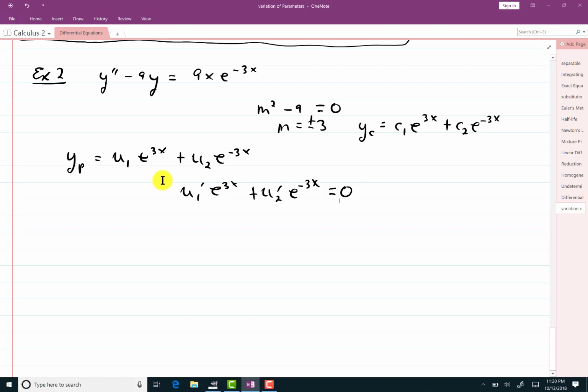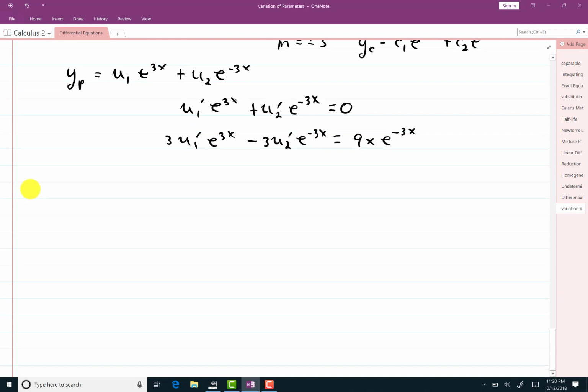And the next thing we wanted to do is u1 prime times y1 prime. So we will have 3 u1 prime e to the 3x, but over here we'll have negative 3 u2 prime e to the negative 3x. And that needs to equal the result, 9x e to the negative 3x.